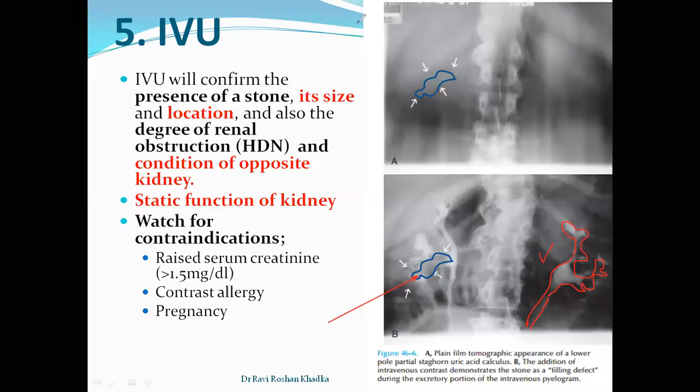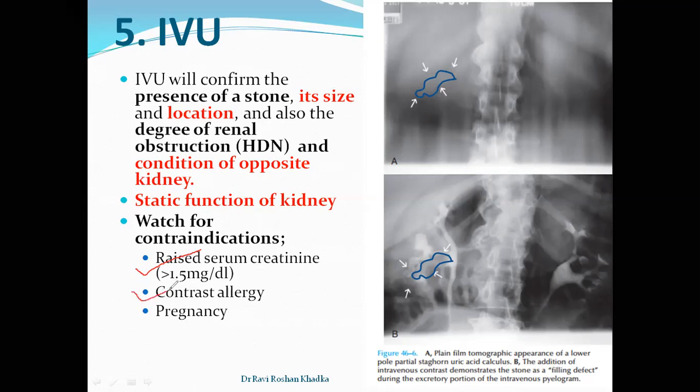And always remember that whenever you plan for an IVU, there are three things you must remember. Don't do IVU whenever the patient has a raised serum creatinine over 1.5 milligram per deciliter, because this indicates an impaired kidney, and in an impaired kidney, if you use a contrast medium, it increases the damage to the kidney.